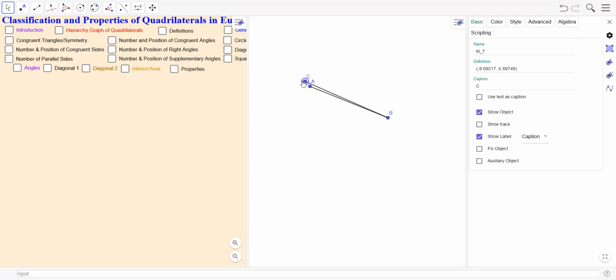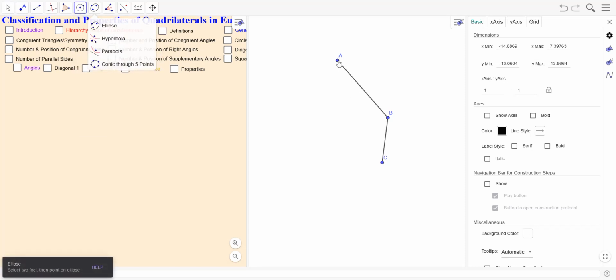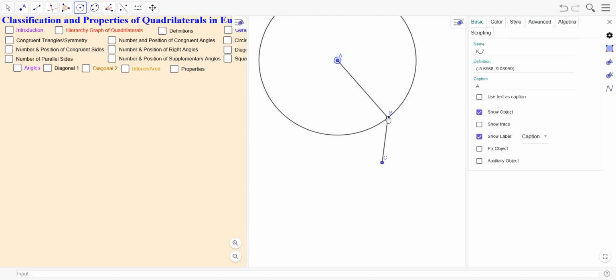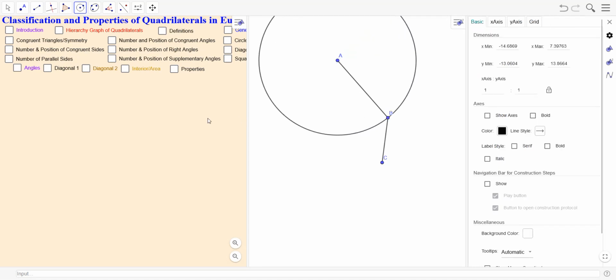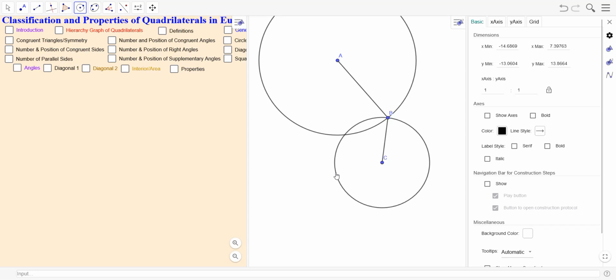These can go anywhere except to be collinear. Okay. All right, so now where's the point D got to be? On the one hand, it's got to be the distance AB away from A. So it has to be on this circle centered at A going through B. At the same time, it has to be the distance CB away from C. So it has to be on a circle centered at C of radius CB.